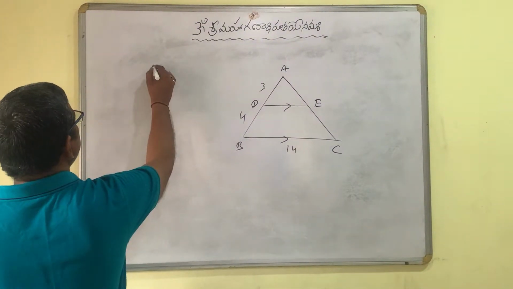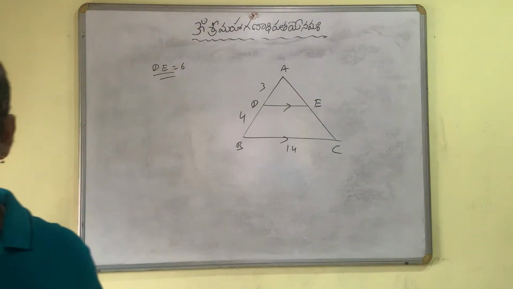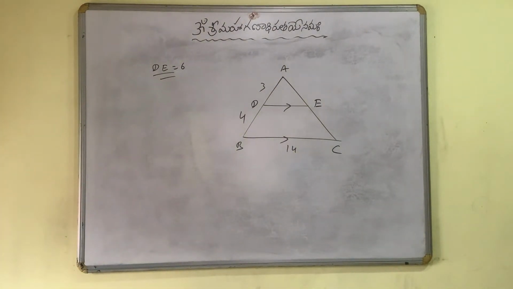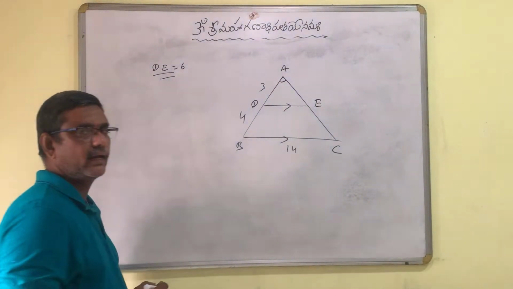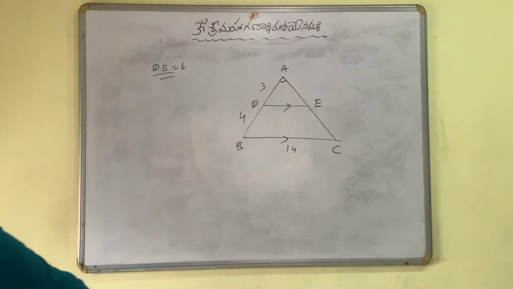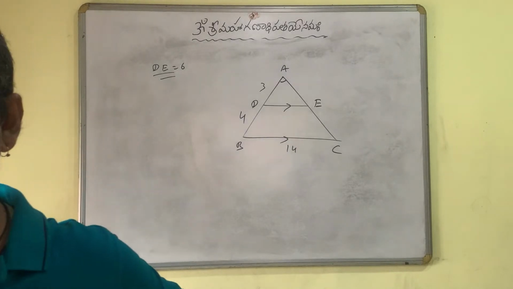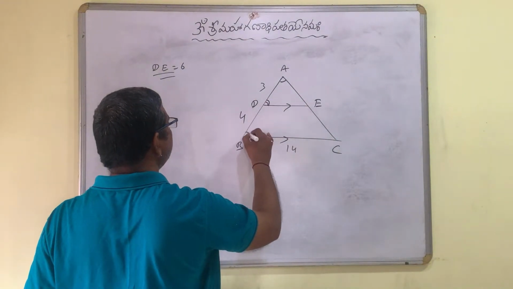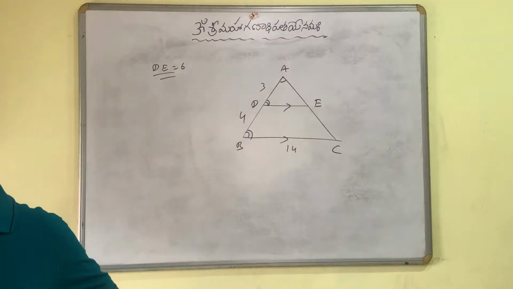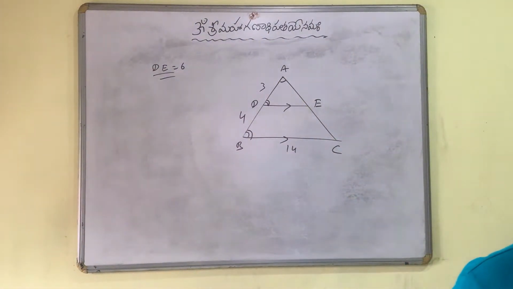The assertion is that DE is 6. We need to verify this. Is DE 6? See, children, angle A is the common angle in both the triangles, and we have corresponding angles, given DE parallel to BC.